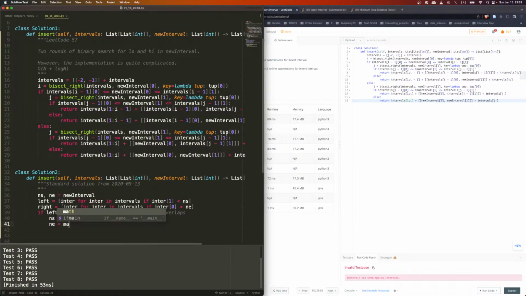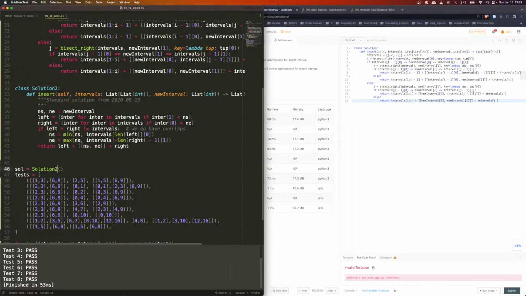New e shall be the maximum of new e and intervals, something. Well, what's this something? I can say minus len right, then minus 1. Then we'll return left plus ns and e plus right. So much better. Oh my god.